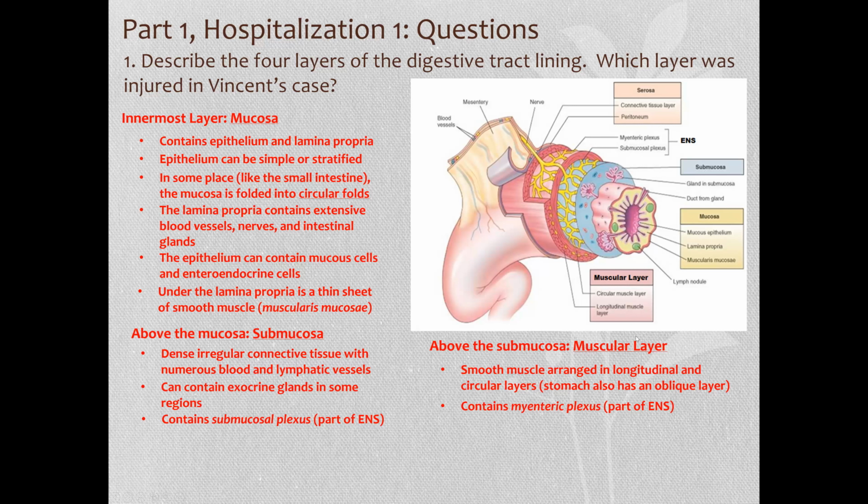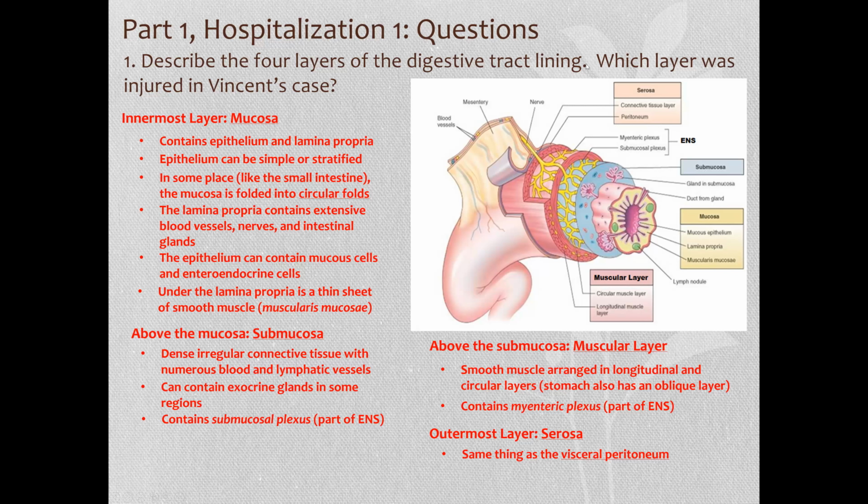The muscular layer also contains a network of nerves called the myenteric plexus, which is also part of the enteric nervous system. And then above the muscular layer, you have the outermost layer, which is called the serosa, and this is the same thing as the visceral peritoneum.